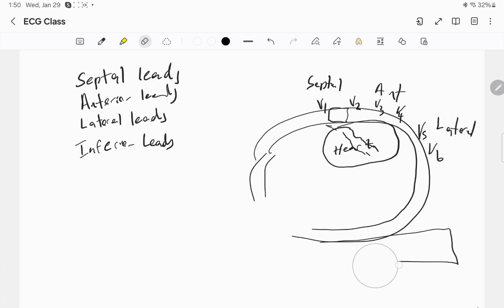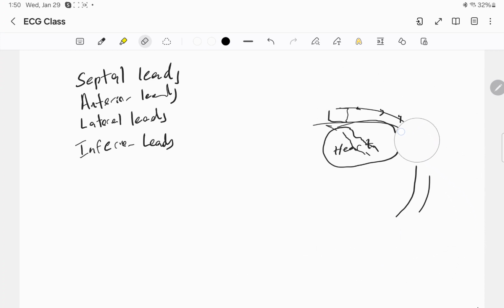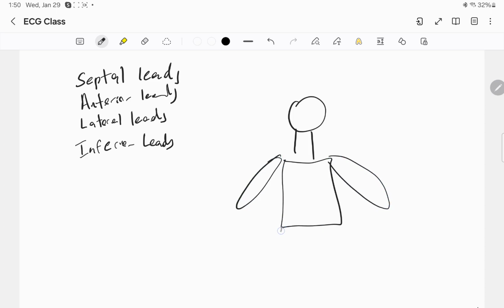So these are the precordial leads, but we haven't spoken about the limb leads. So let's draw Ralph. Of course, Ralph would have the electrodes on him, but we're not going to draw electrodes now. We're just going to draw arrows, which represent leads.